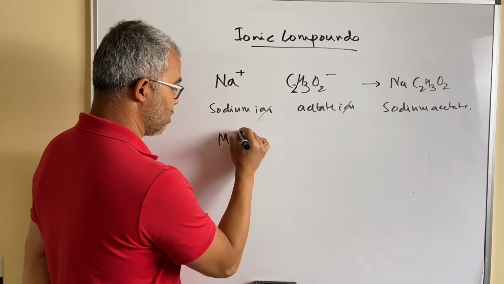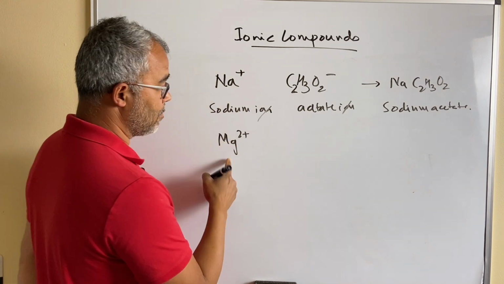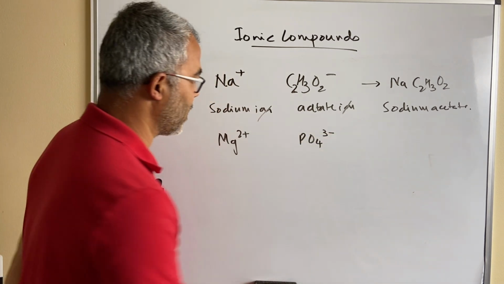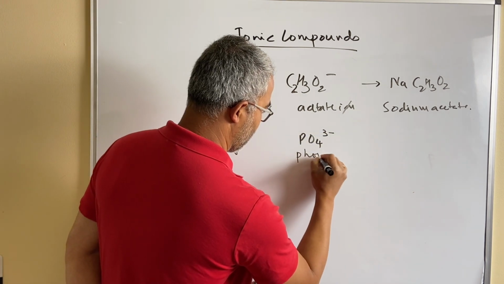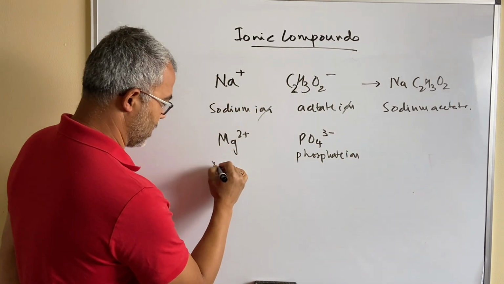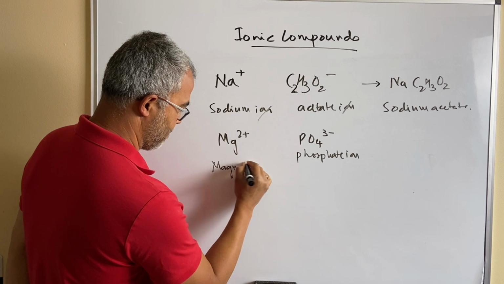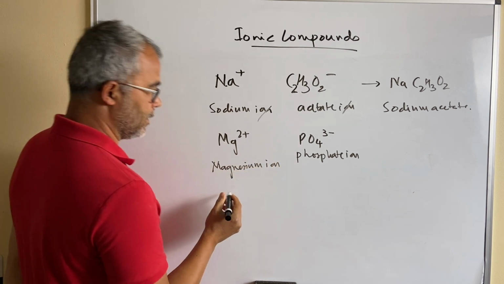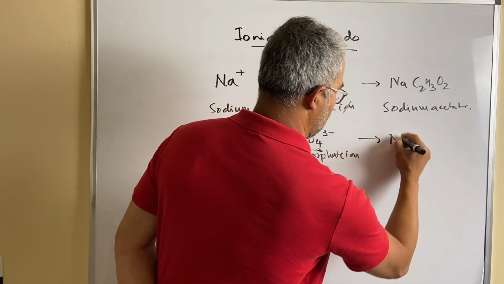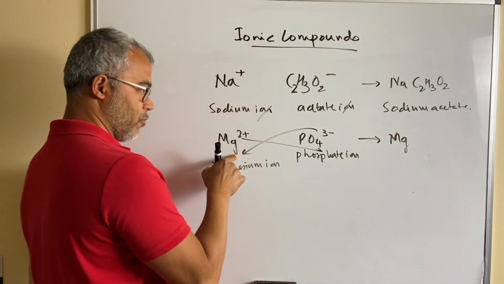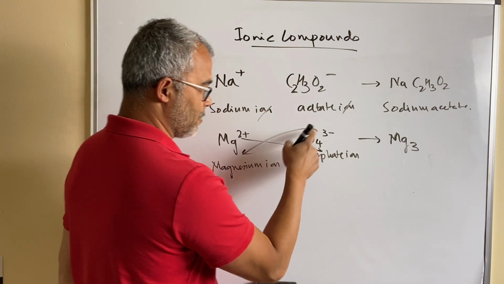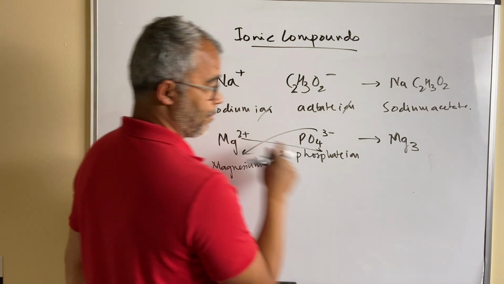Let's take a look at another example. Let's say I have magnesium 2 plus, and we're trying to combine that with a PO4 3 minus, which is a phosphate ion. This is magnesium ion. Okay, crisscross applesauce is going to give me a compound which is going to be Mg3. Now, careful. When you write the phosphate, you're going to end up with two of them.